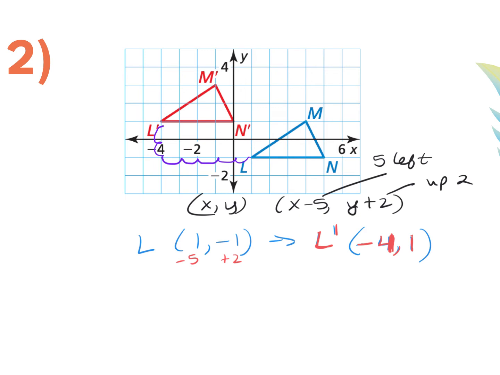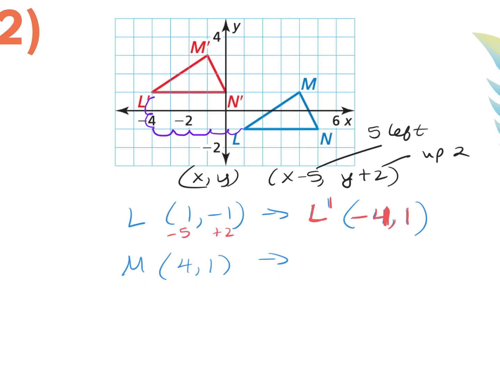So now the next order pair, M, the original was 4, 1. And then to practice, we would subtract 5, add 2, and we get -1, +3. And we can confirm that that's what the order pair was that was graphed.